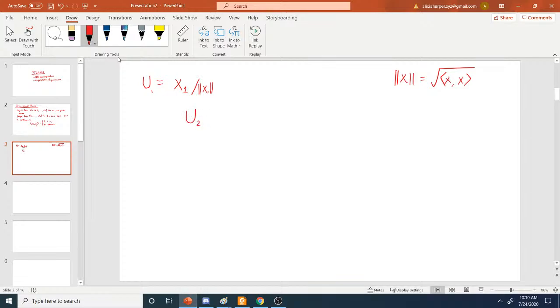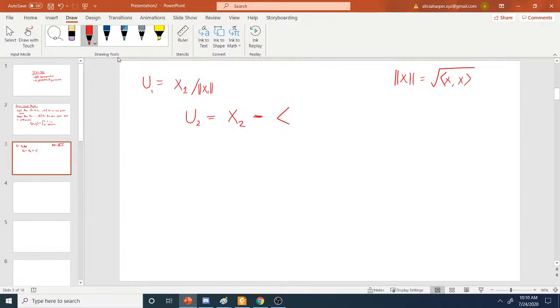So I'm going to write u2 is equal to x2, and then minus basically what we get when we project x2 onto u1.